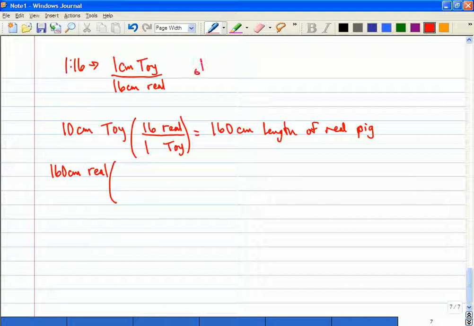And now I want to use the other toy. So the other toy is 1 to 64, which means 1 centimeter in the toy is 64 centimeters on the real pig. Totally different. So how can I get into the toy then? Right now I have 160 centimeters on the real pig. How do I use that to get back into the other toy she sees?